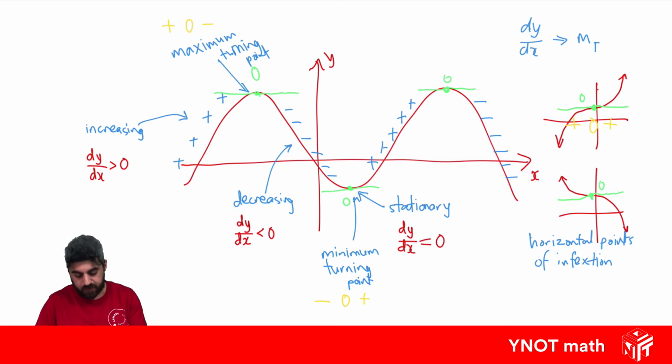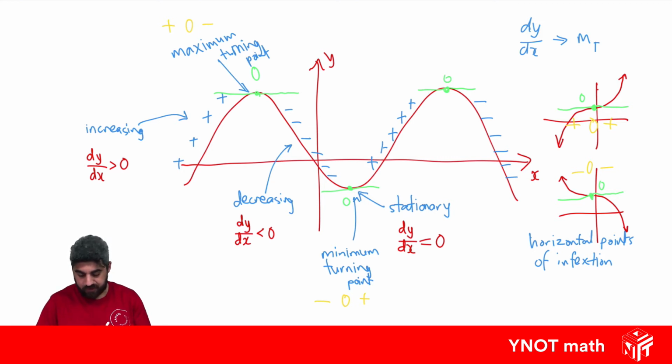So they're the four kinds of stationary points we can have on our curve. And the thing in common with all of them is that the first derivative will equal zero at the turning point, or at the stationary point.